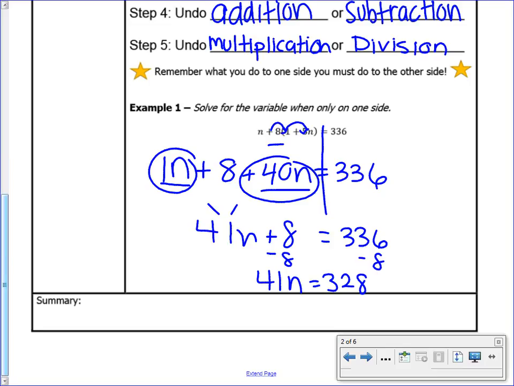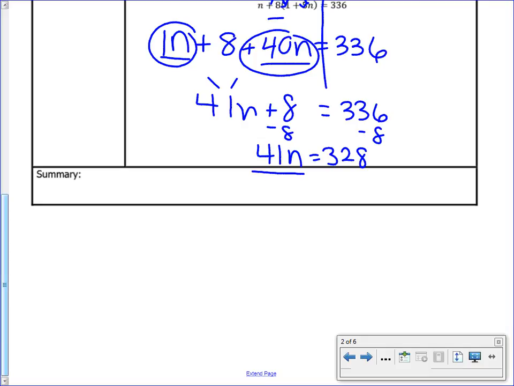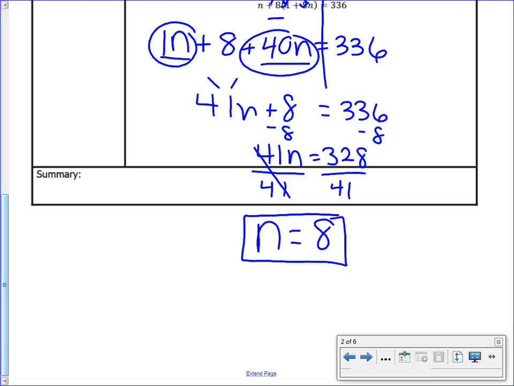So we're going to divide both sides by 41, and when we do that, we isolate our variable, which is n, and we get n equals 8. So that's your final answer. Again, every time you solve an equation, you just walk yourself through those steps.